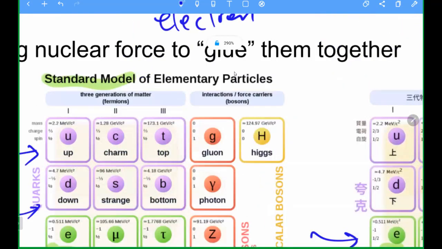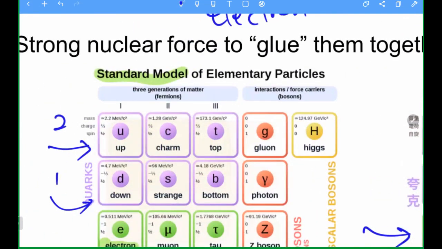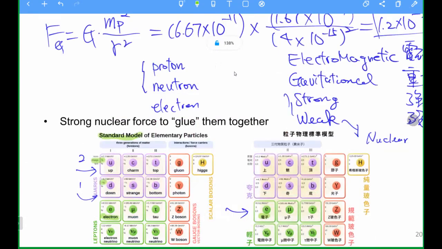For the up quark, the charge is positive 2/3, and for the down quark, the charge is negative 1/3. So 2 up quarks and 1 down quark add up to positive 1 elementary charge, positive 1e. And if you have 1 up quark and 2 down quarks, the total charge will be 0, then it forms a neutron.